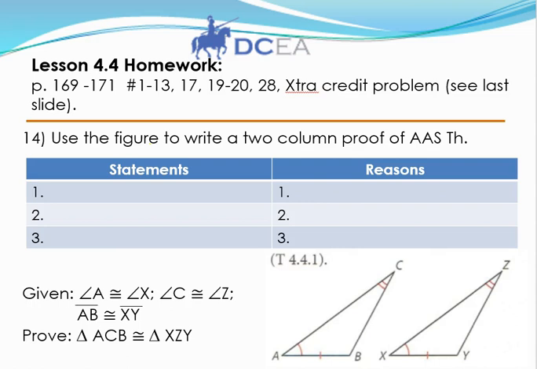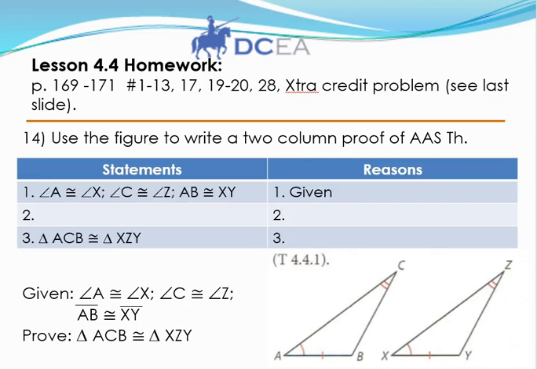It's not an included side, but this is the actual proof for the theorem. So we're going to prove that triangle ACB is congruent to triangle XZY. So the first thing that we do is we place our first statement in there from the given, and then we put what we're going to prove in our proof.